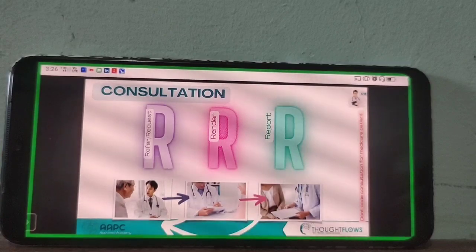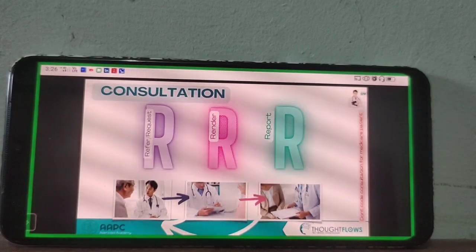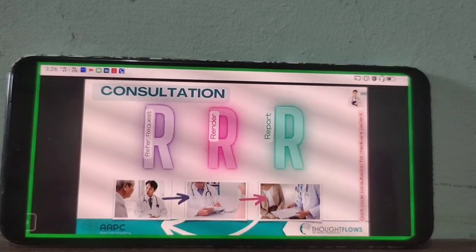Yes, ma'am. ESRD patients come under Medicare.